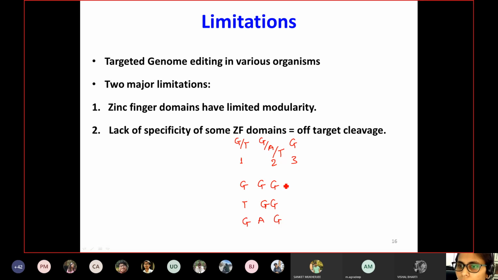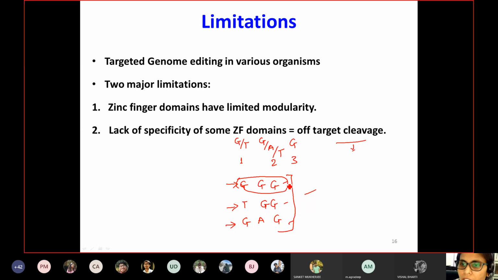So there are a lot of sequences that one specific zinc finger nuclease or domain will be able to bind. So if this is not specific, that means if this is not only binding to GGG, it can also bind to GTT and TGG. It can also bind to GAG. That means it can bind to other sites also to create off-target effects.